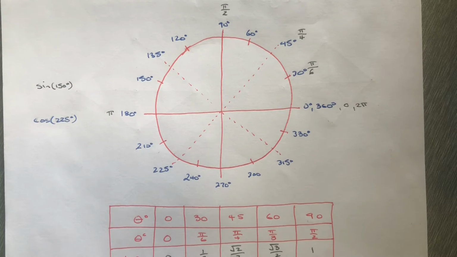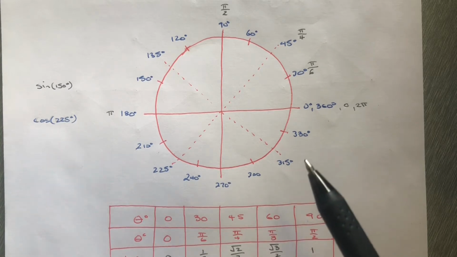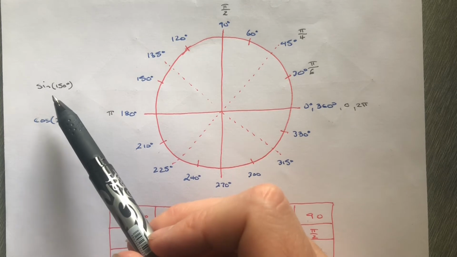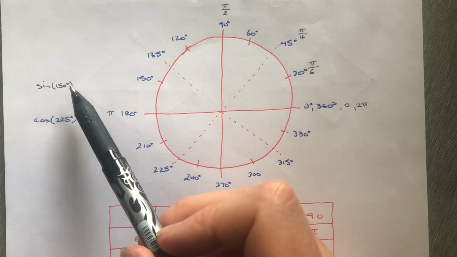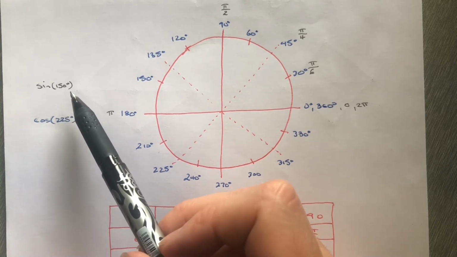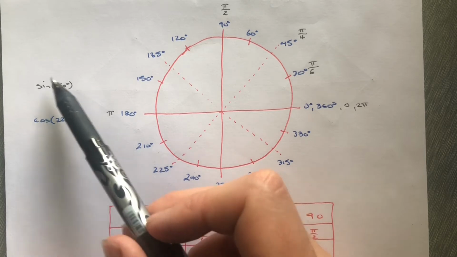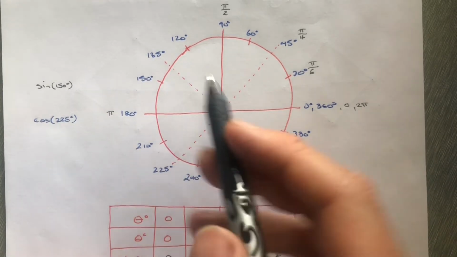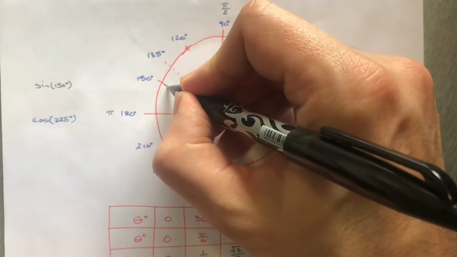Another thing that was asked about in the questions that I didn't really talk about was reference angle. So let's just say, and we'll use these here as examples, let's just look at the sine 150. So let's just show what we actually mean by sine 150. So we've got our 150 degrees here. I'm going to make our triangle.